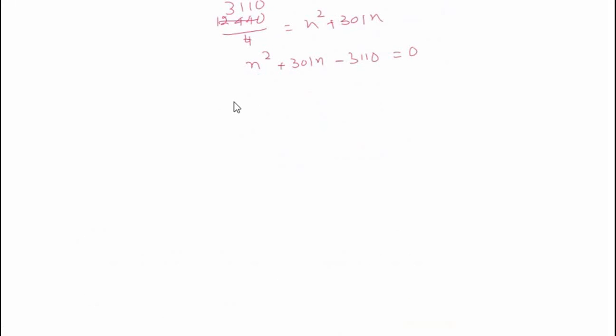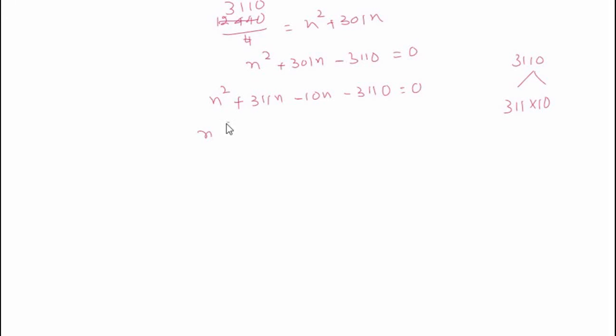Let us solve this equation and solve for N. Now 3110 can be written as 311 into 10. So let us split this one as N square plus 311N minus 10N minus 3110 equal to 0.